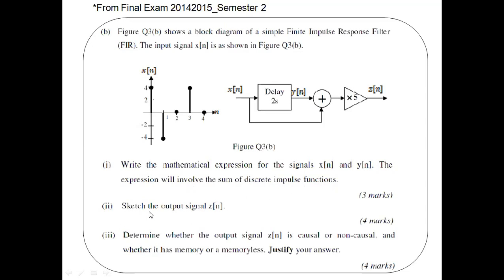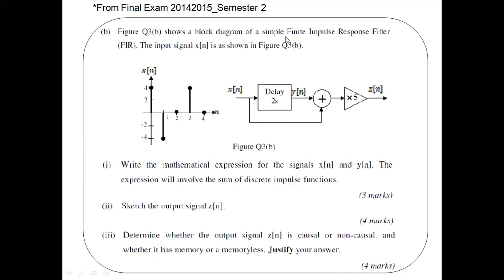Number two, sketch the output z[n]. And number three, determine whether the signal z[n] is causal or non-causal, and whether it has memory or is memoryless. You have to justify the answer. So these are the questions related to the system and the signal x[n].